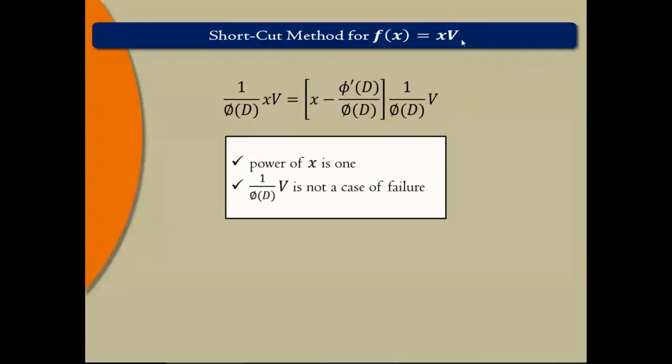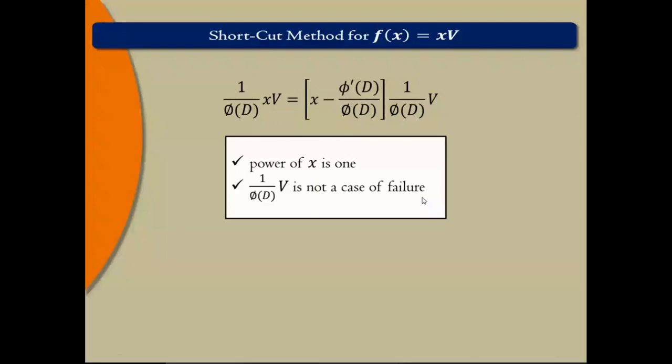So in the total function the power of x must be 1. We do not have to get x by splitting the function. By splitting the function we can get a single x, but we do not have to get such an x. In the total function the power of x must be 1, and 1 upon phi of D v must not be a case of failure.